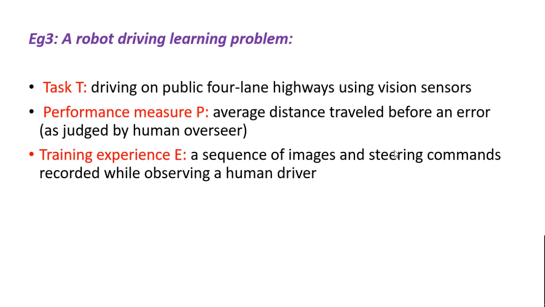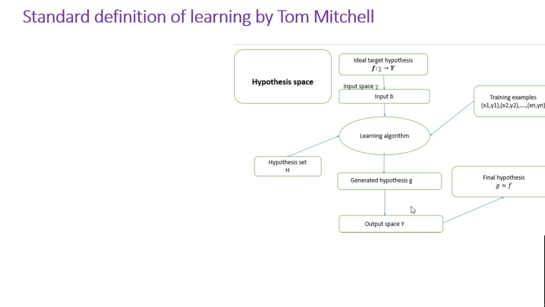Average distance traveled without any error, without any accidents, let's say. So that is the performance. Training experience is where you are training the car by giving it a sequence of images and a lot of steering commands, right? So that would be the experience. So definitely a robot driving learning problem is an example of a well-defined problem.